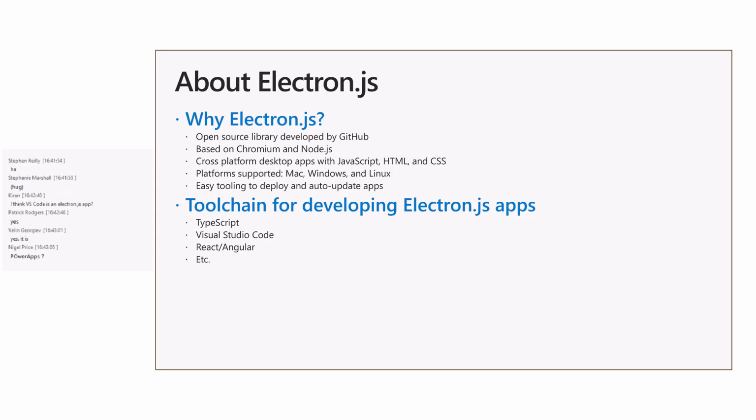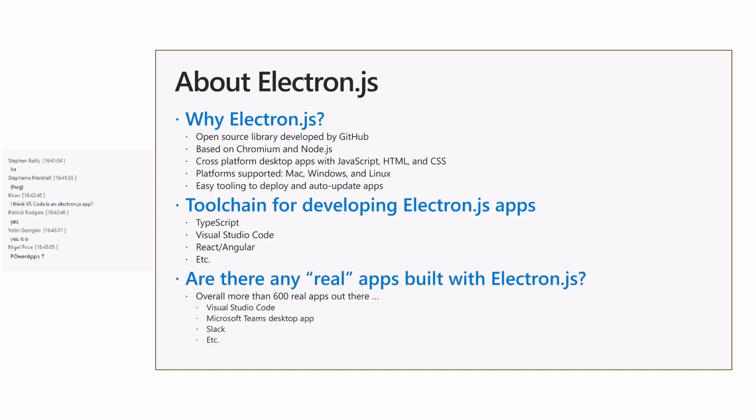Personally, being an SPFx developer, a SharePoint Framework developer, I like to use TypeScript and React within Visual Studio Code to build Electron.js solutions. And maybe you're wondering if there are any real applications built with Electron.js. And well, the answer is pretty easy. There are a little bit more than 600 applications built with Electron nowadays.